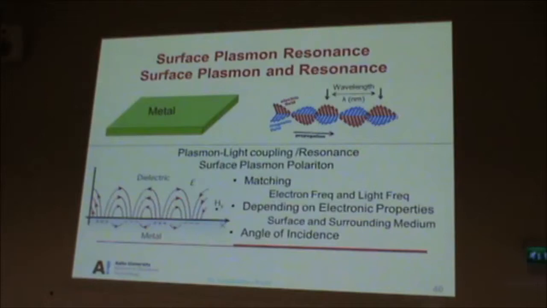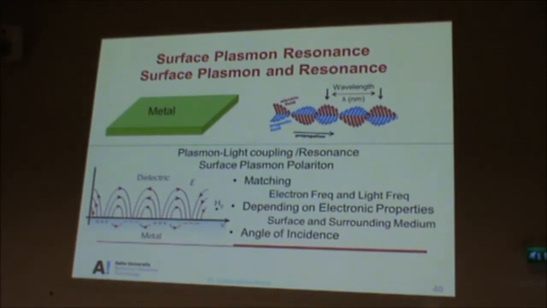So now you have a light wave that is incident on the metal, and this causes the collective oscillation of electrons, and that creates an electric field. Okay, and the entity that is combined together, the population of electrons and the light together, that is called the polariton.